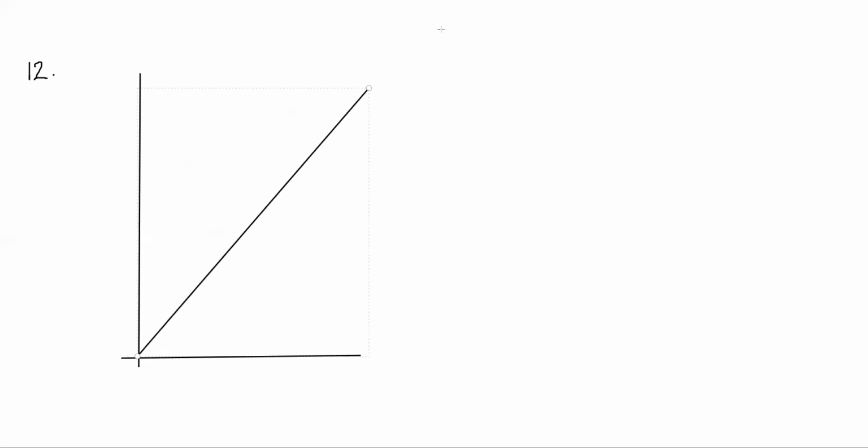So that's going to be our revenue stream, and our cost is going to look something like this. This is C of Q, this is R of Q.